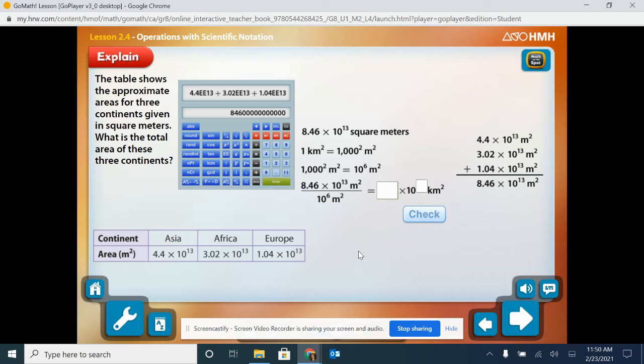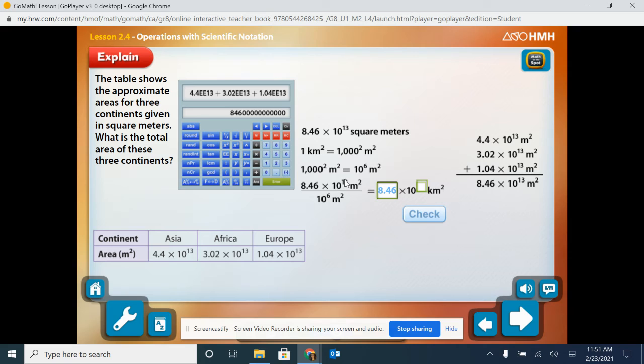So, to write 8 and 46/100 times 10 to the 13th power square meters in units of square kilometers, divide it by 10 to the 6th power square meters. So on this one, I'm not going to do anything with the 8.46. I'm just going to put it as 8.46. But what happens there? 10 to the 13th power divided by 10 to the 6th power.